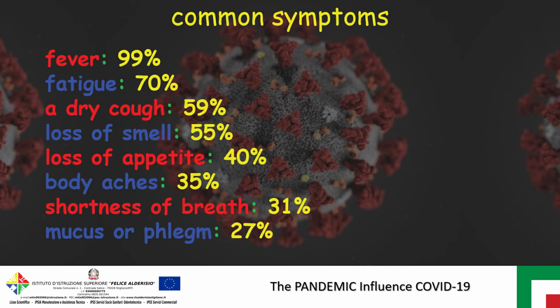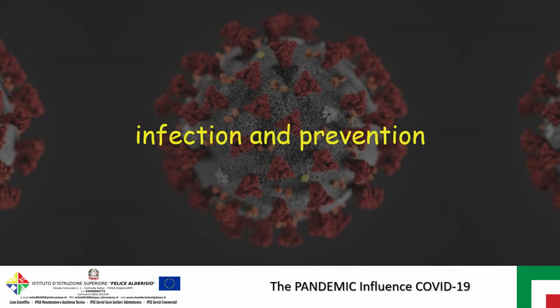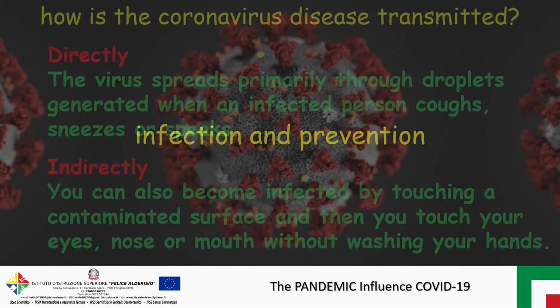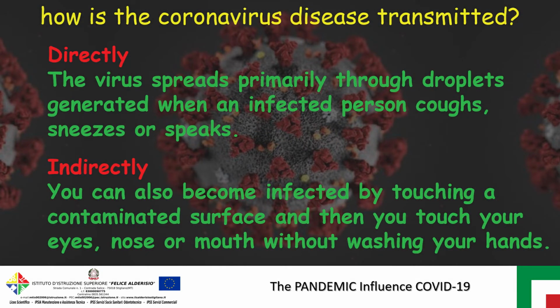Here we can see the different types of common symptoms. We have fever, fatigue, a dry cough, loss of smell, loss of appetite, body aches, shortness of breath, and mucus or phlegm. The virus can also spread person to person through respiratory droplets produced when an infected person coughs or sneezes.